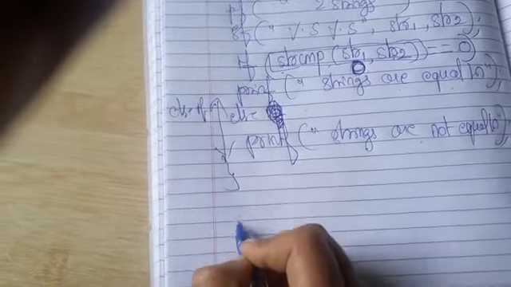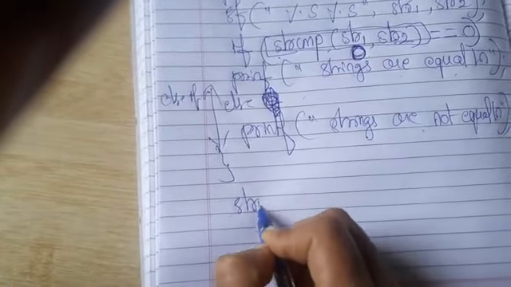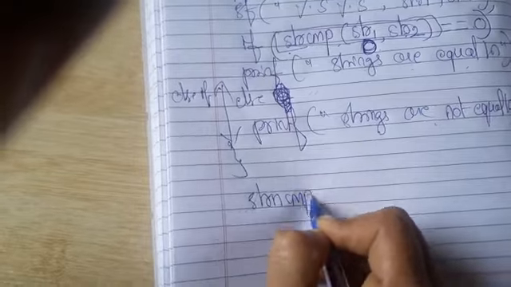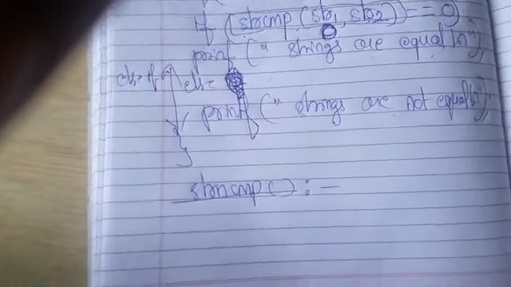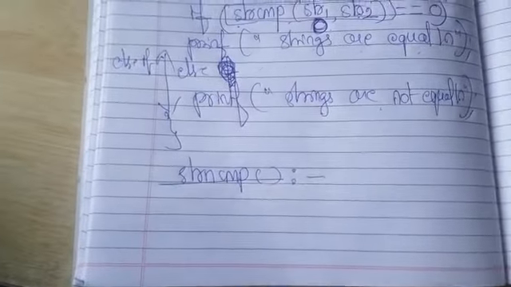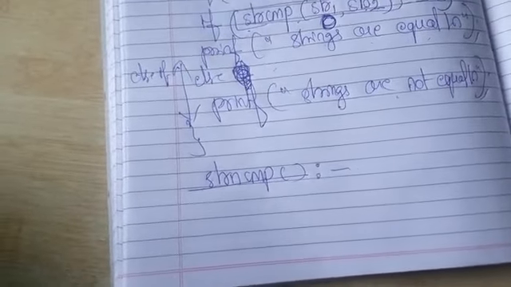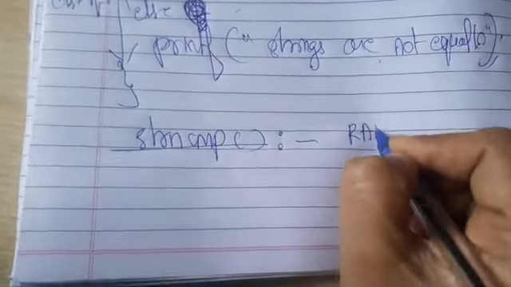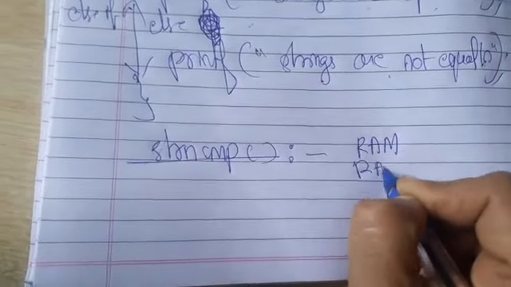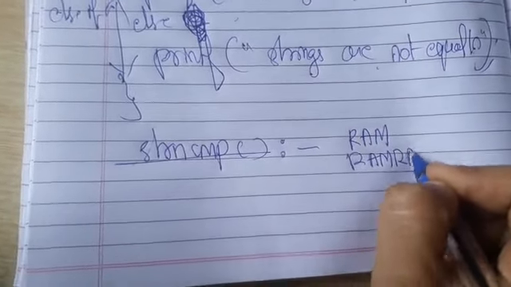If you want to be very particular, you want to compare only some characters of one string to another string. For example, if you want to compare two strings up to a specified number of characters, not all the characters. For example, assume that string 1 is Ram and string 2 is Ram Raghu.